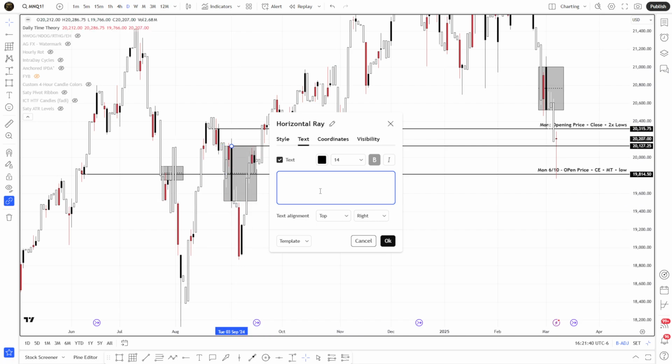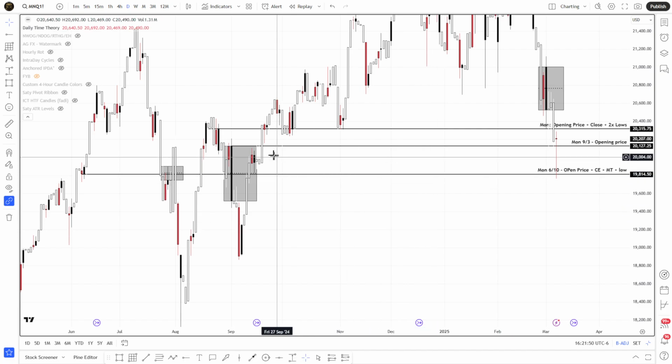September 3rd. Okay, we got a high that's pretty similar to that. These lows are kind of the same thing, right in this area. So this whole area is kind of like a confluence area.